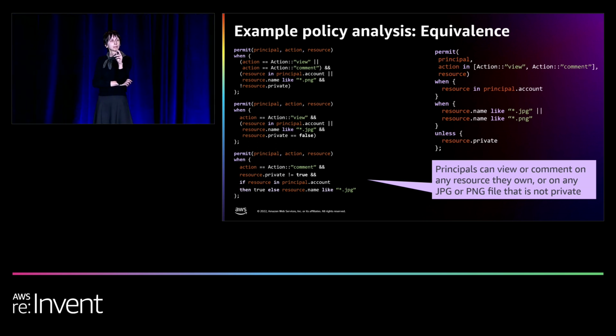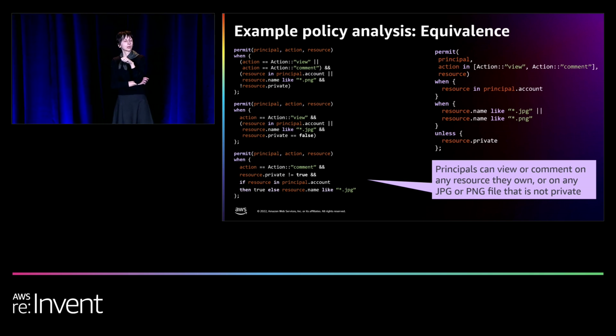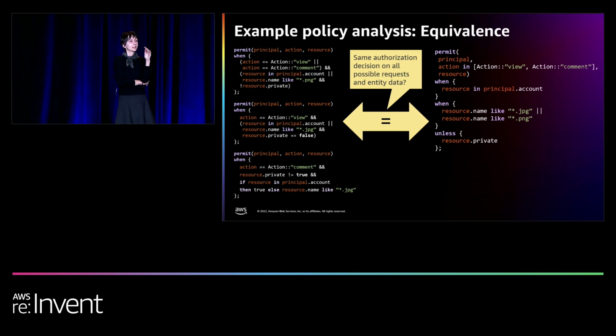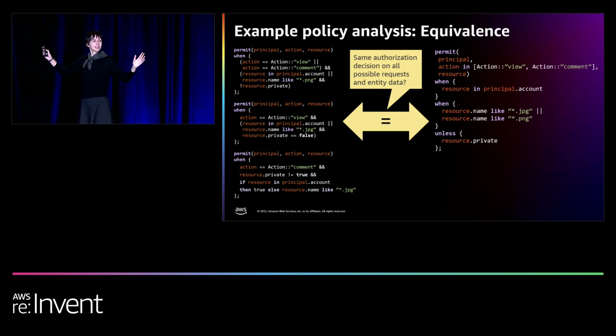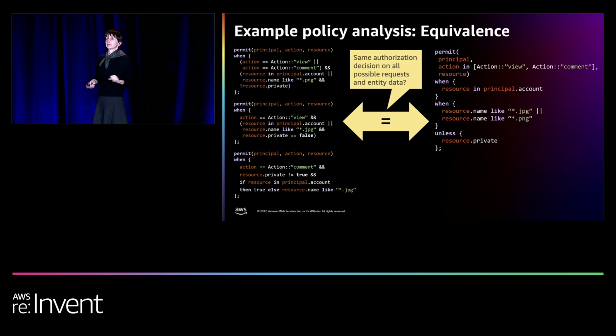We can ask the analysis to check whether this is true on all possible inputs, right? So what the analysis is going to do is examine the universe of all inputs that could ever come into your policies and see if these two policy sets agree on all of them.